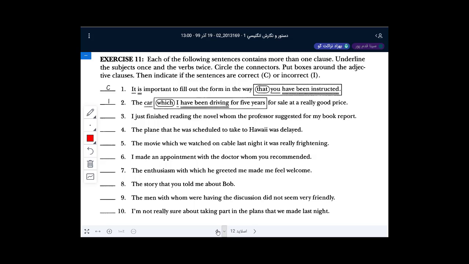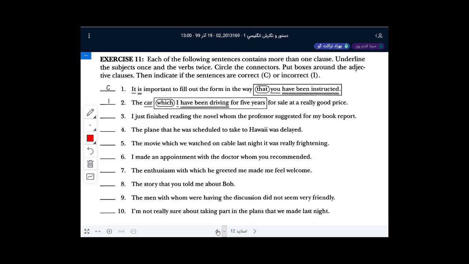Okay, let's see what the main clause is. The plane was delayed. This is the main clause.